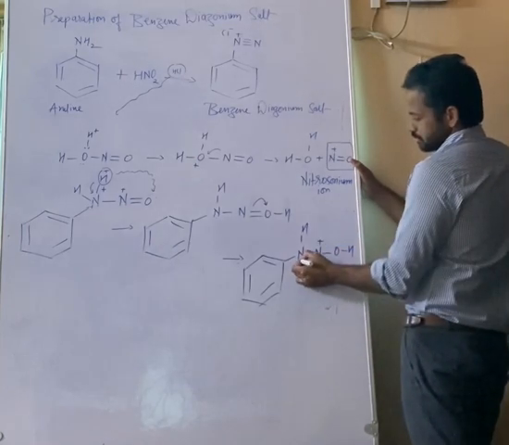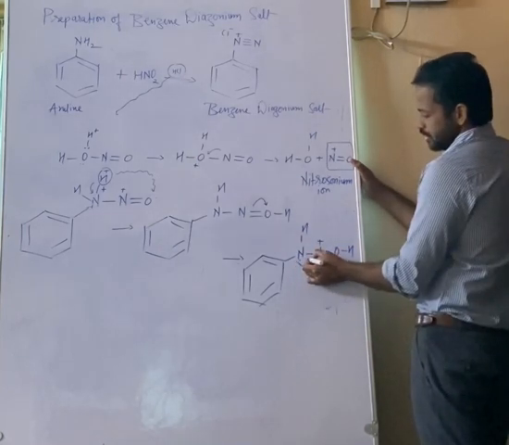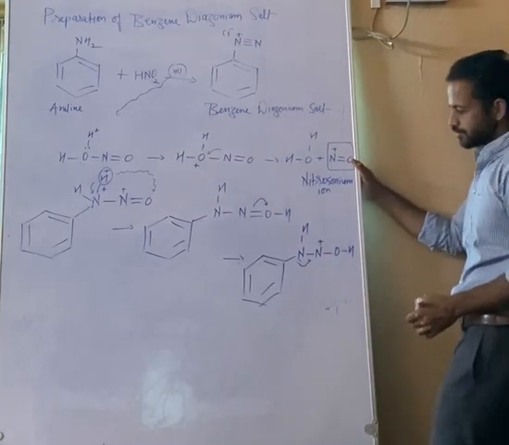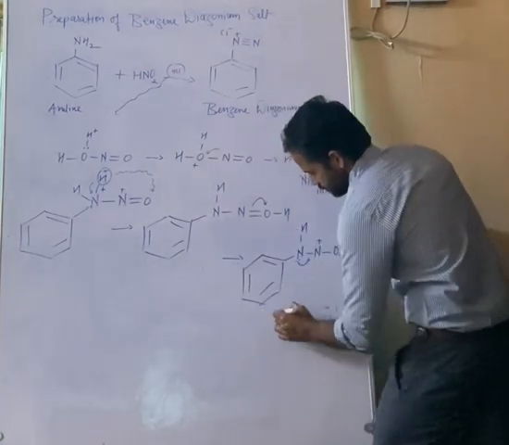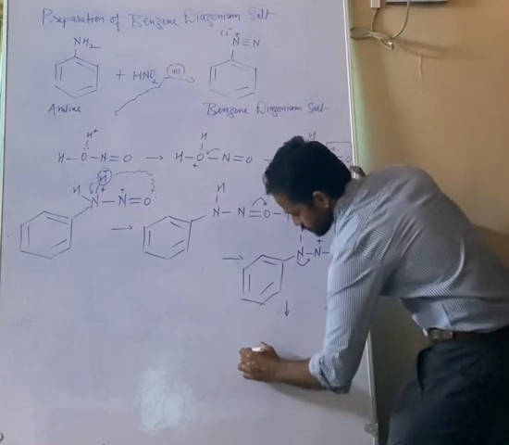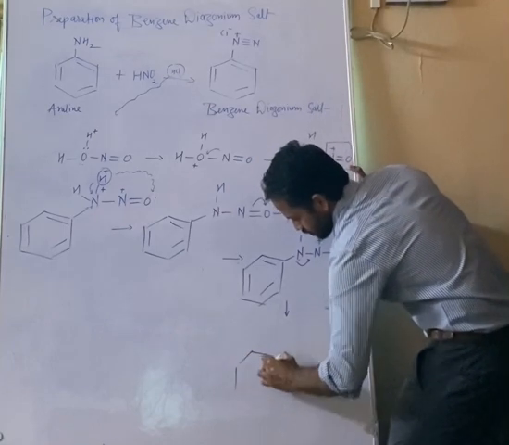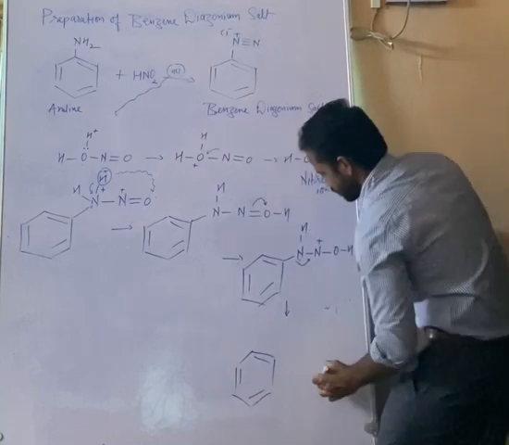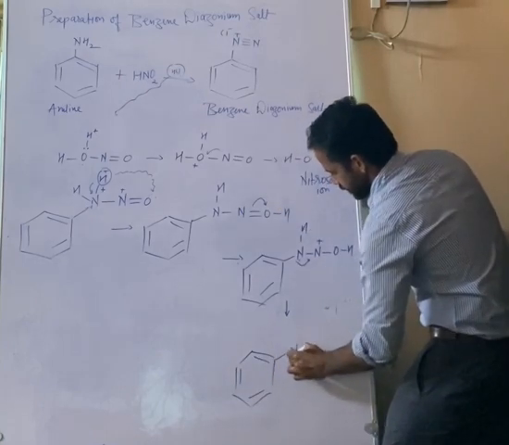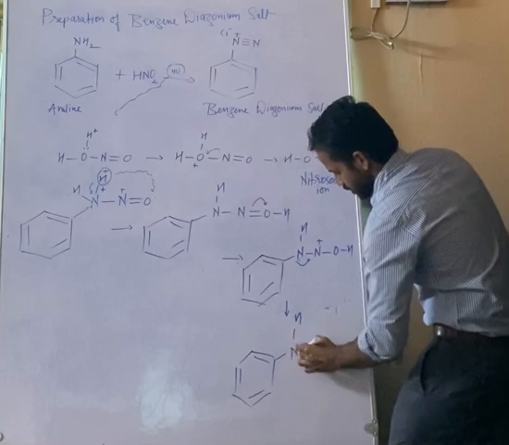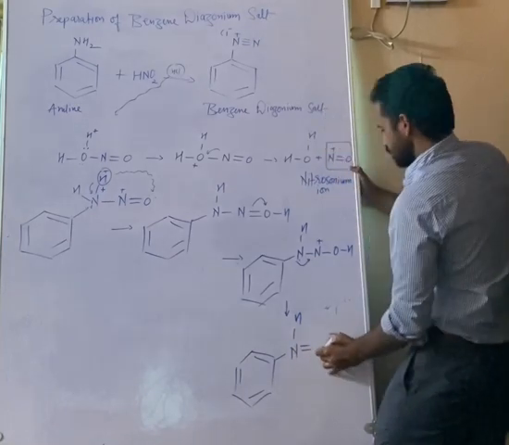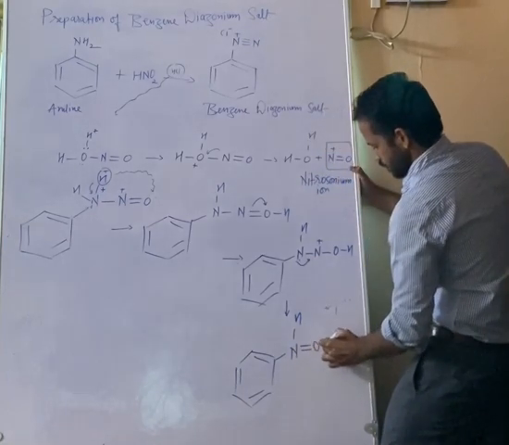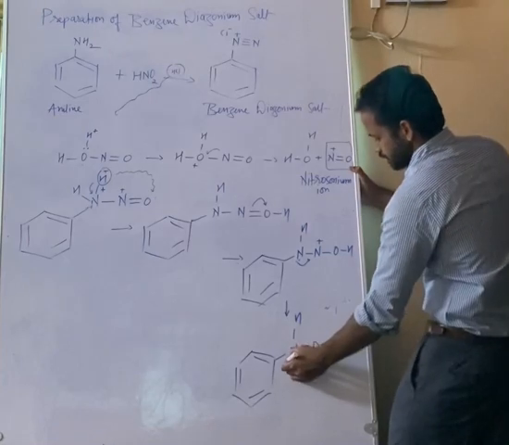Now this nitrogen will give the lone pair to this nitrogen, right? Then what I will be getting here is N double bond, right? And OH.